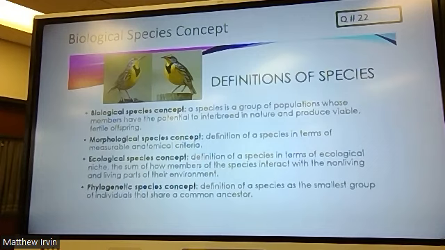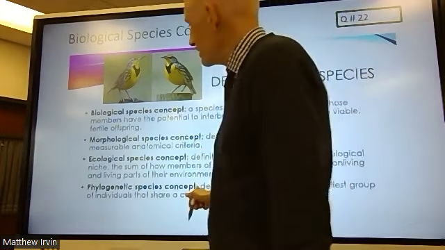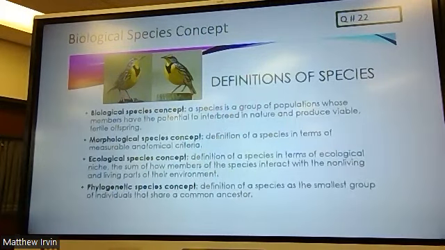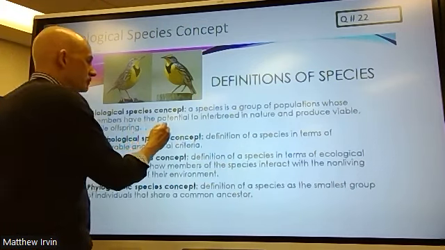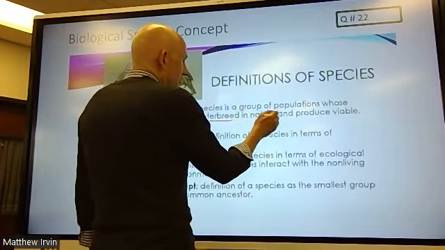All right, so then we get to our biological species concepts. And so these are other species concepts that some scientists have tried to come up with, because our biological species concept is not perfect. But remember that this is a group that have the potential to interbreed in nature.